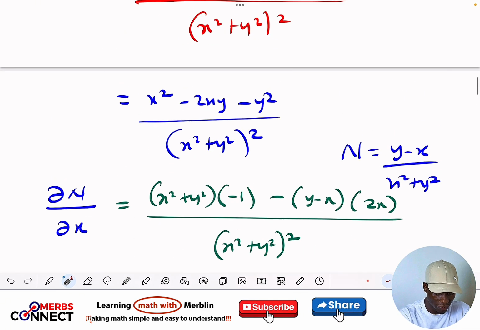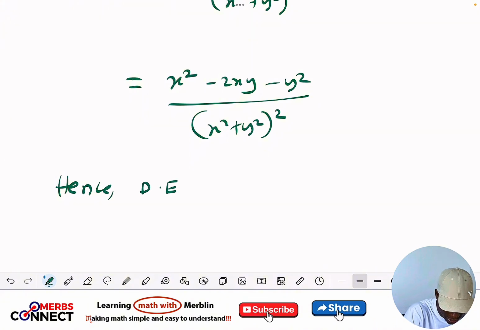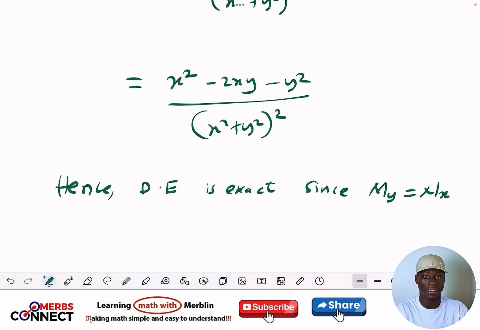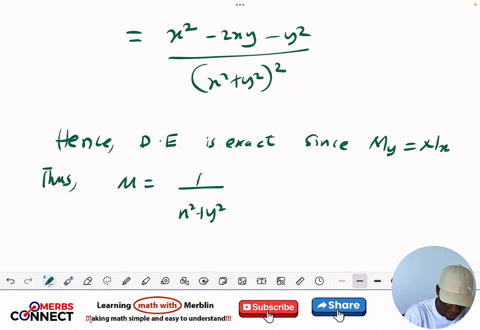So if that is the integrating factor, we are concluding that hence the differential equation is exact, since when I differentiate m with respect to y it is the same as n with respect to x partially. Thus mu, which is equal to 1 divided by x squared plus y squared, is the integrating factor.